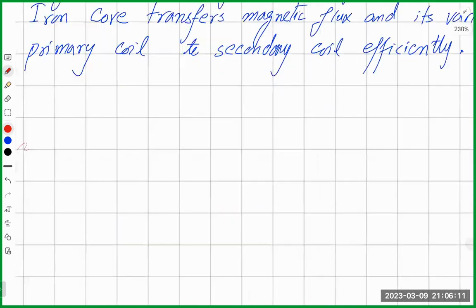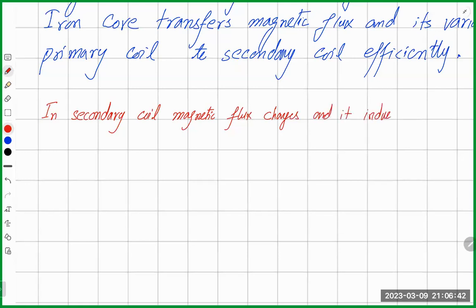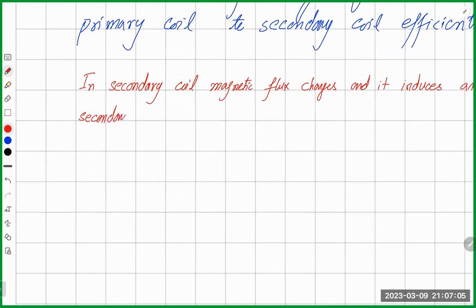Now, in secondary coil, magnetic flux changes and it induces an alternating EMF in secondary coil.